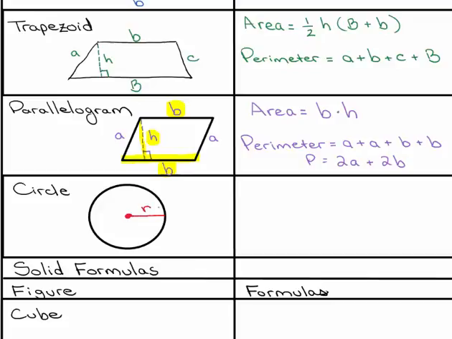So I'm going to call that R. If we go from one point on the circle through the center to another point on the circle, then that's my diameter. Then I would call this length here D.